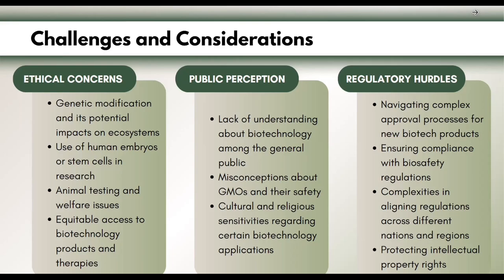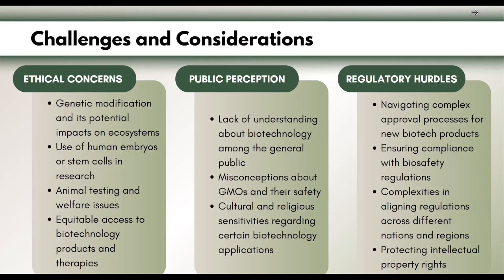And then there's animal testing. After that, equitable access, ensuring fair access to often expensive biotechnology products across different socio-economic groups globally. Then, public perception. The general public often struggles to grasp complex biotechnology concepts, leading to fear or mistrust of new technologies.